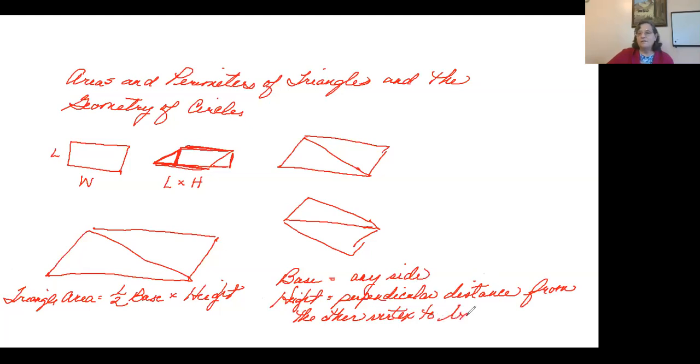So it's the distance from the vertex to the base at right angles, not like to the middle of it.